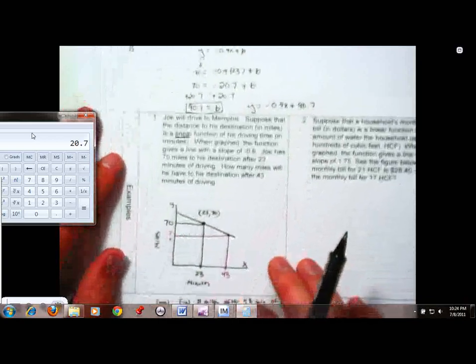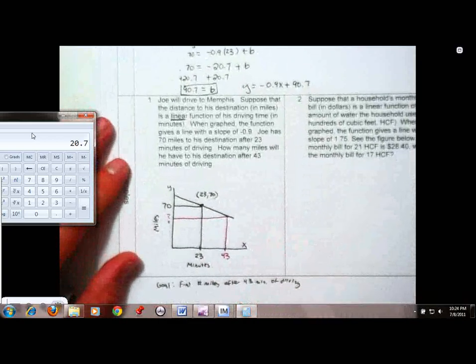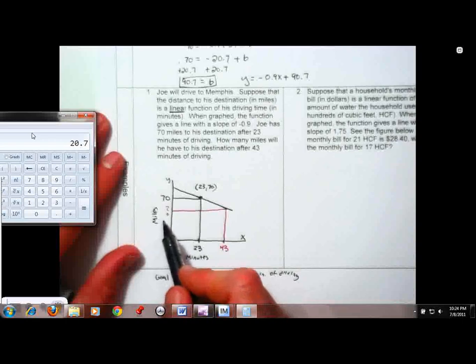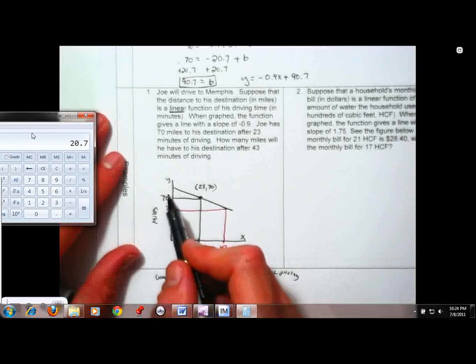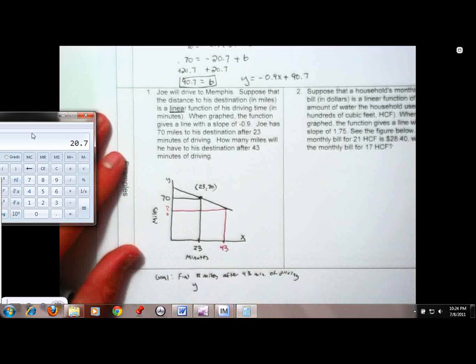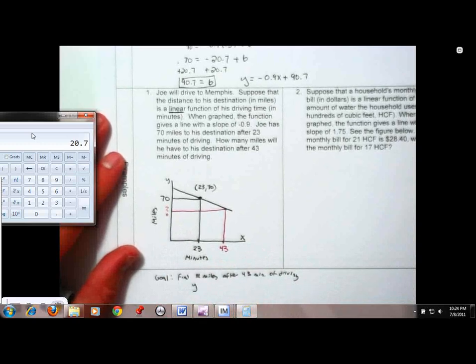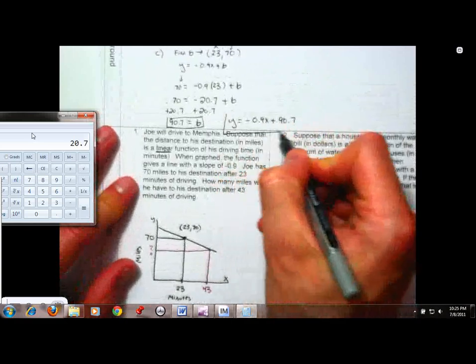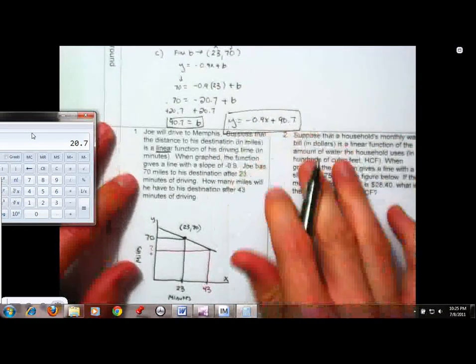That's exactly what I want to do here, because what I wanted to figure out was the number of miles. Miles is my y, those are my y values, so I'm trying to figure out a y value. But what they give me is an x value. So now all I'm going to do is plug 43 in for x in my equation, do a little math here, and I should be done.